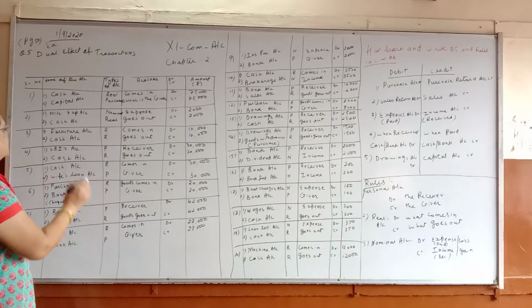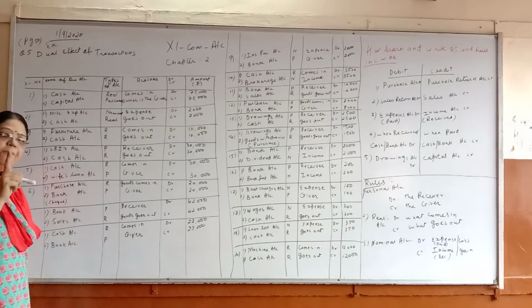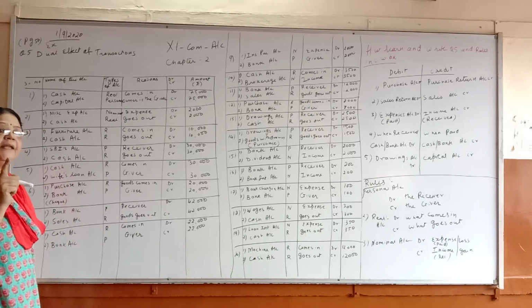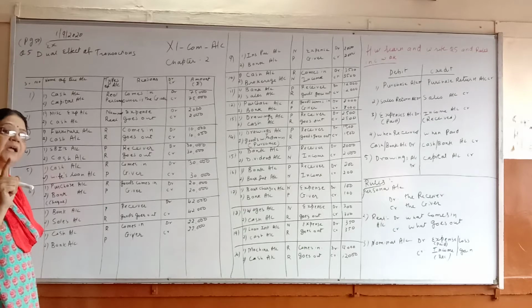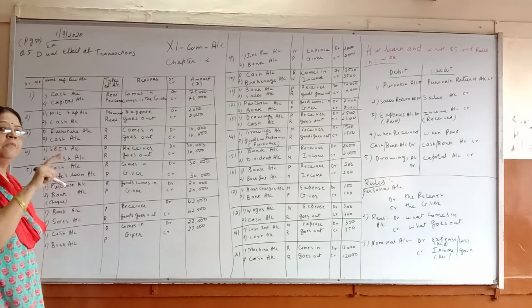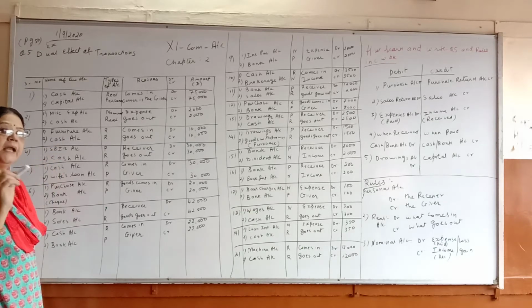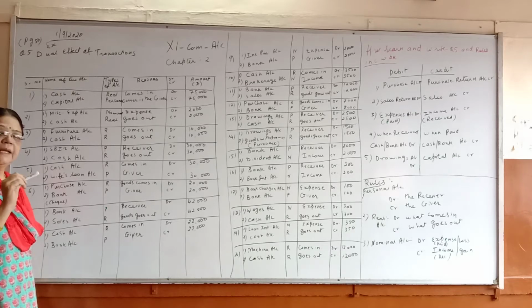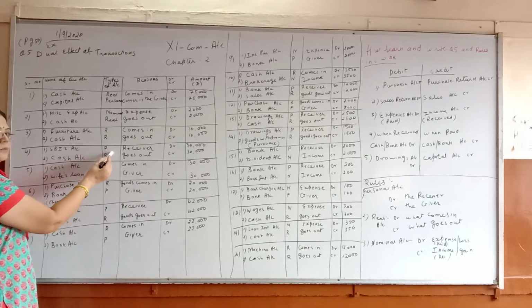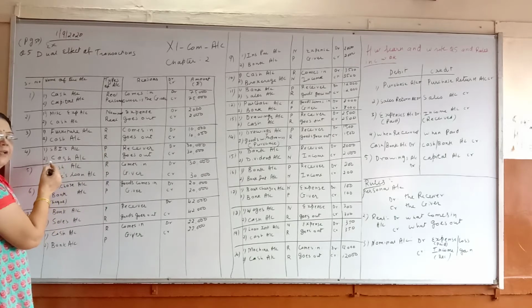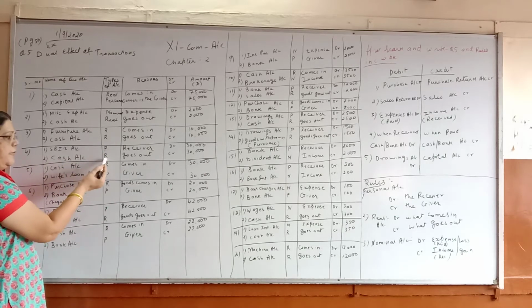So children, State Bank of India, which type of account is it? It is personal account. Why personal? Because it is the name of the institution. It is the name of the bank, and all the names of person and artificial person are personal account. So personal. And cash, now you have learned always cash is real account.